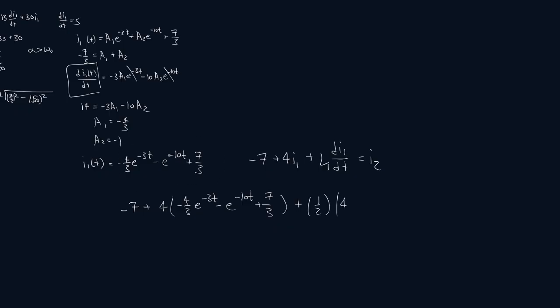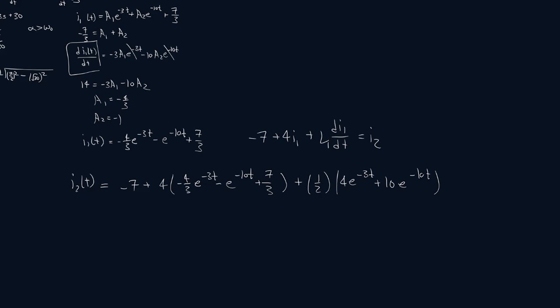So that's 4 e^(minus 3t) plus 10 e^(minus 10t). And this is going to be your I2(t). After you FOIL all of that out, you should get the following. This should be your I2(t).